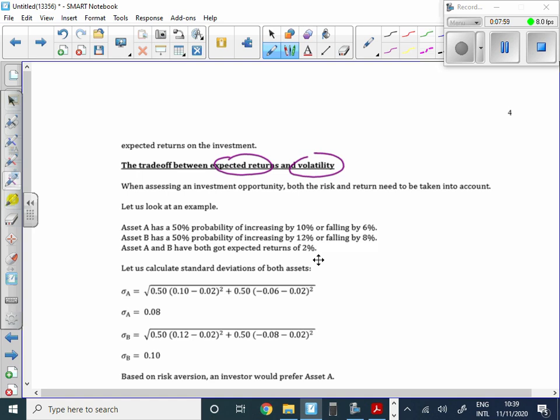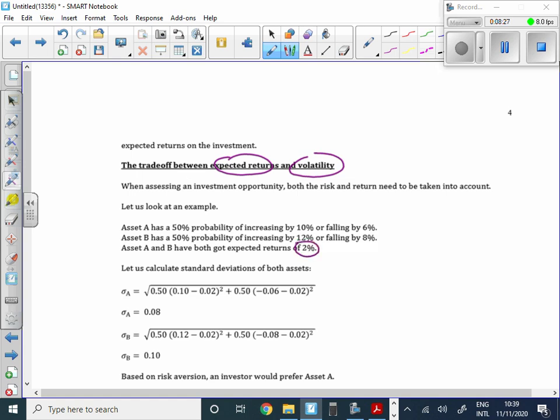Let's look at an example. Asset A has a 50% probability of increasing by 10%, or falling by 6%. Asset B has a 50% probability of increasing by 12 or falling by 8. Straight away, what do we see, guys? Both asset A and asset B have what we call expected returns of 2%.